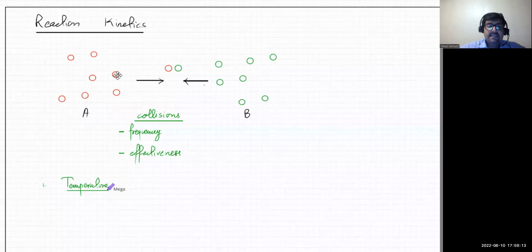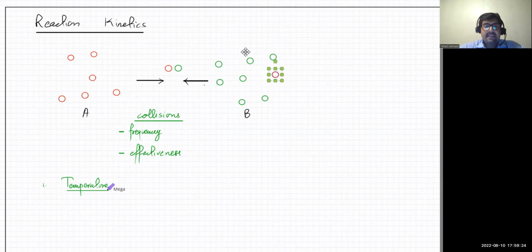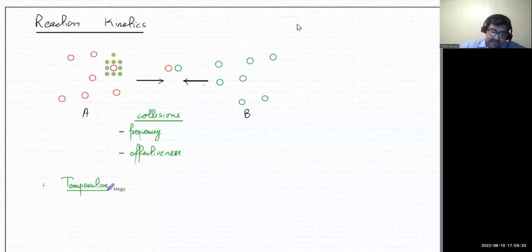When temperature increases, the particles gain kinetic energy. They travel faster. If they travel faster, they're going to be colliding with each other a lot more frequently, so there will be a lot more collisions. And if they're traveling faster, they'll have very vigorous collisions as well, so they'll be very effective as well. So with temperature, kinetic energy increases.